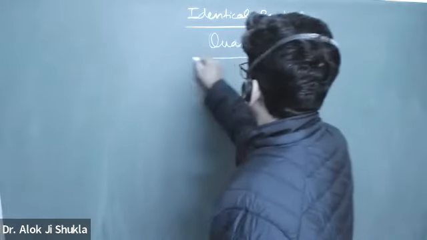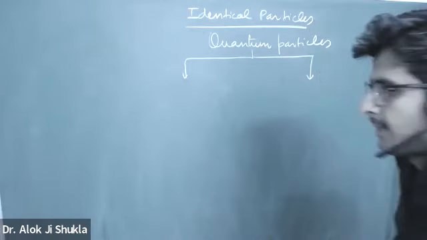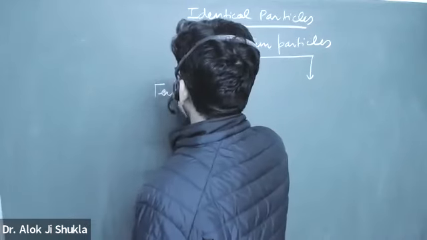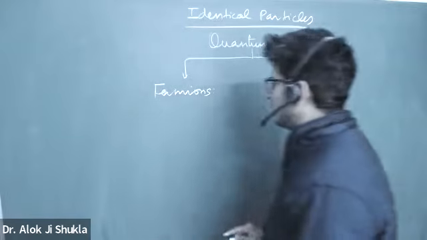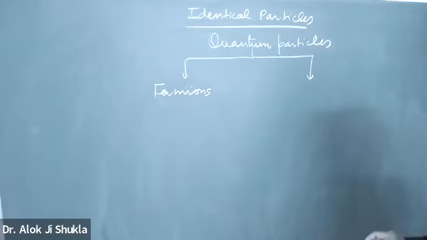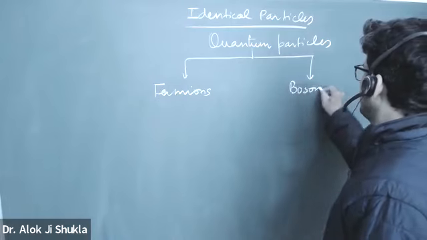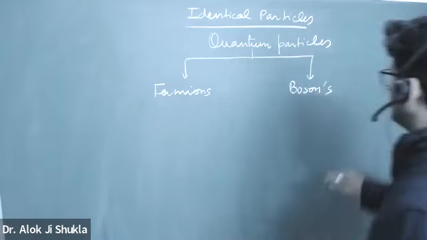So quantum particles can be divided into two categories. One that follows Pauli's exclusion principle is called fermions, and the other one that does not follow Pauli's exclusion principle is bosons. Okay, fermions and bosons.